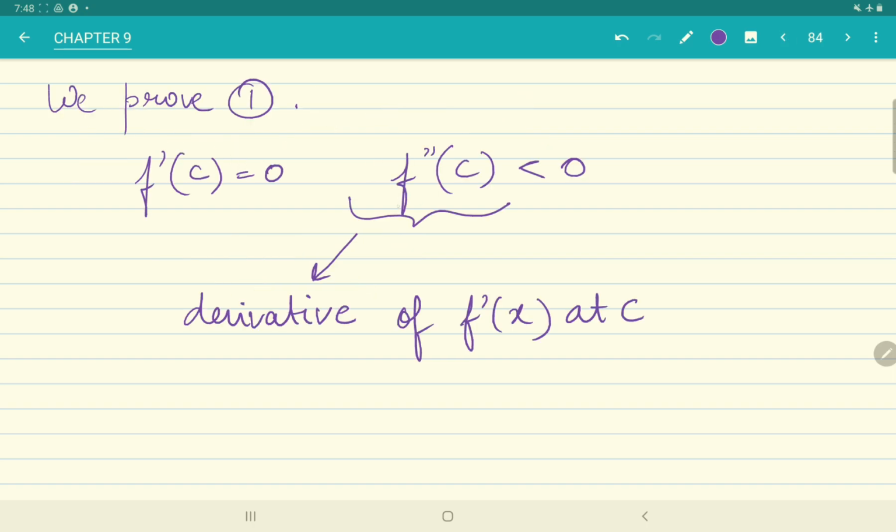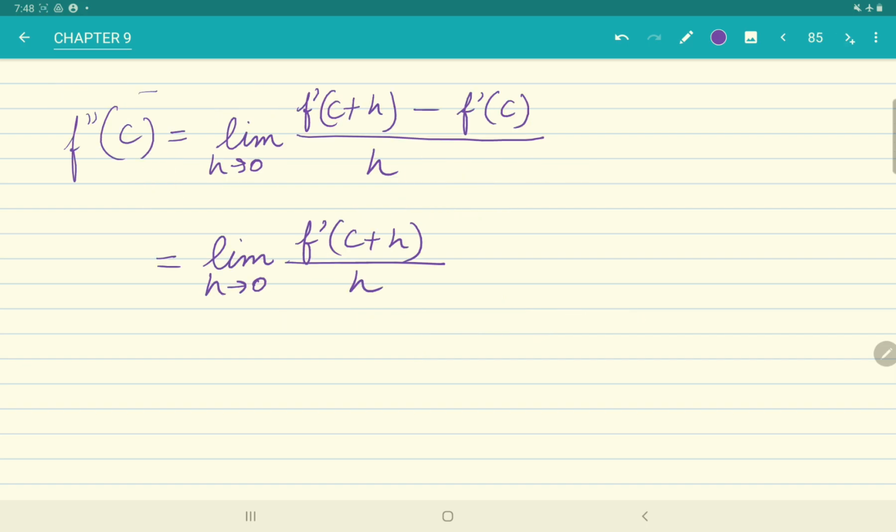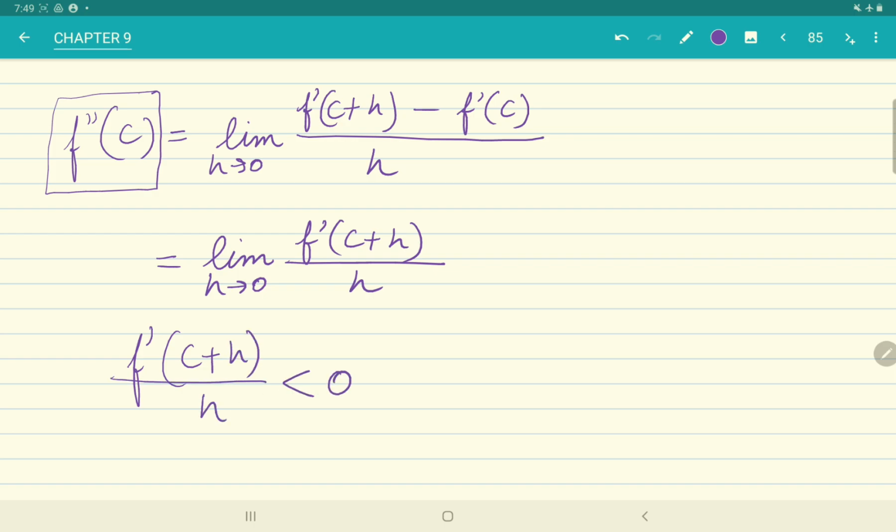I know that f double prime c is less than 0. And what is this? It is the limit of this expression as h tends to 0. That just means that f prime c plus h by h is less than 0.